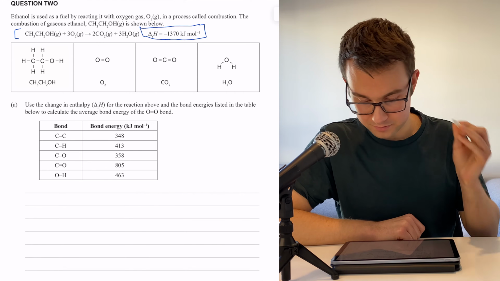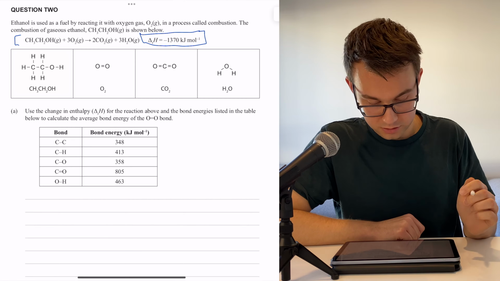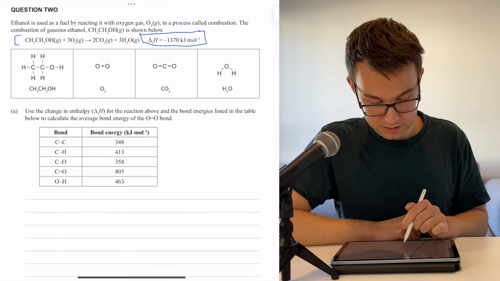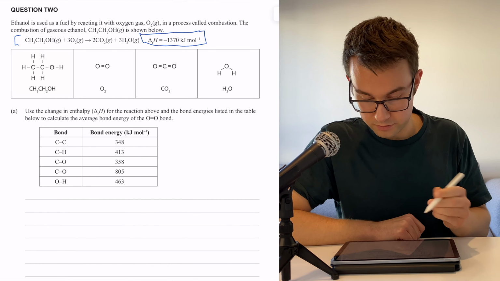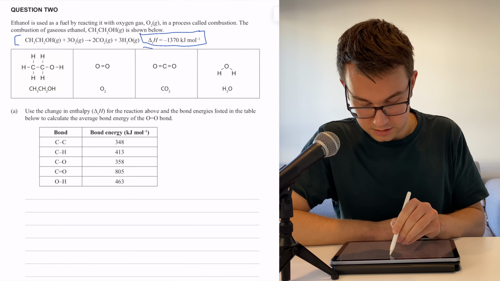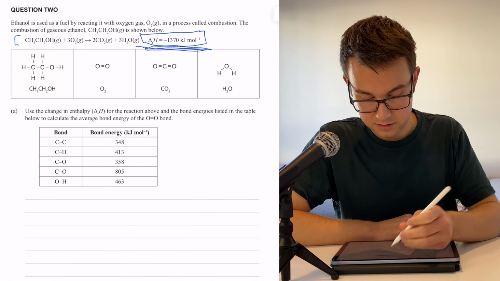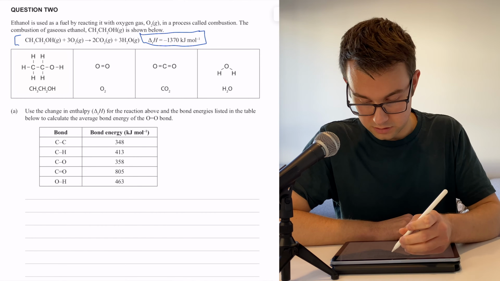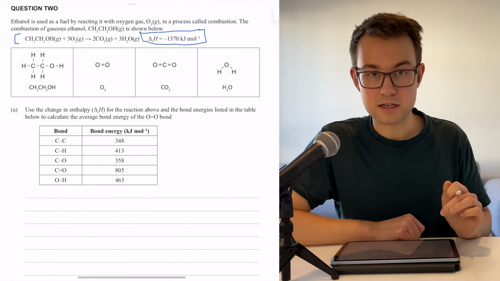The first thing we need to do is look at what we've got. We have the bond energies for all of the bonds except the oxygen one, and we've also got this delta RH, this change in enthalpy value up here. So there's probably an equation that relates those two together, and yes, there is.